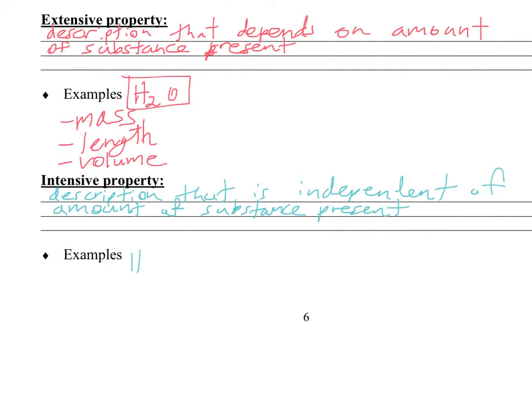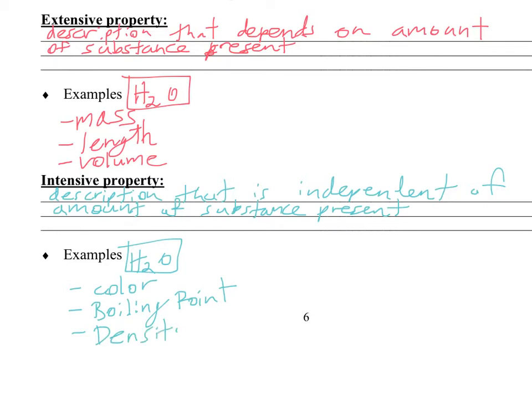So for water, if we're talking about pure water, the color of pure water is always the same. The boiling point, the freezing point, and the density, these are always the same. It doesn't matter if I have a lake, a river, or a drop of water. Of pure water, the color, the boiling point, and the density will always be the same.